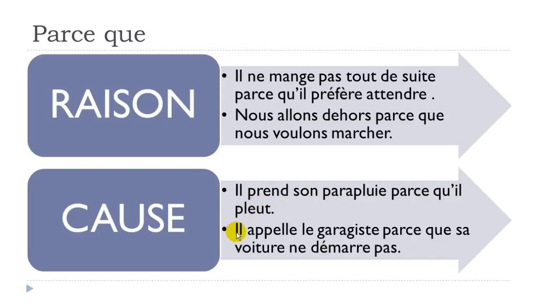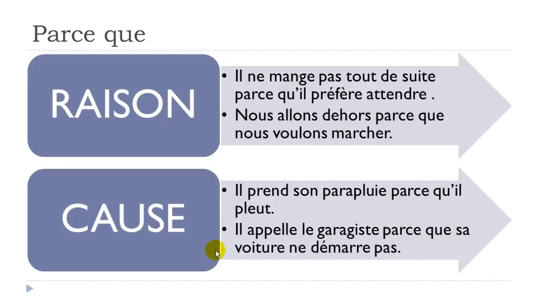Okay? And then, second example. Il appelle le garagiste parce que sa voiture ne démarre pas. Okay, appeler, to call. Garagiste is this nice person that will fix your car if it's broken or if it doesn't start, like in this example. Okay.